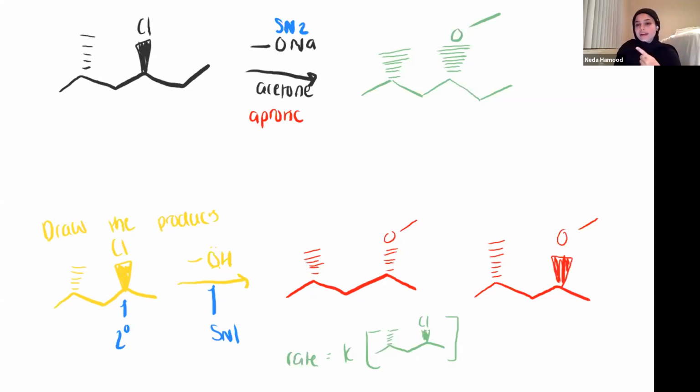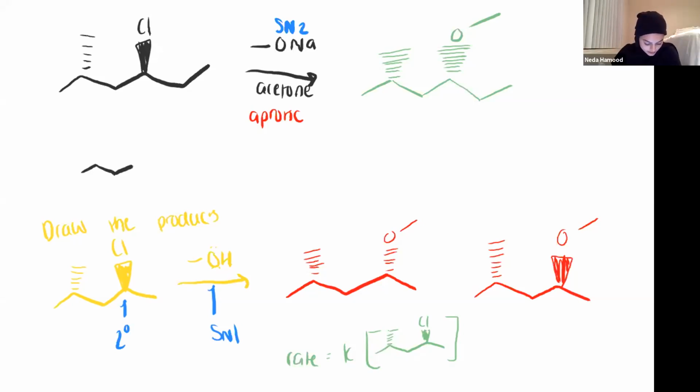So then the one on the right is going to be an R configuration. Is everybody good with that? So for SN2, we would only have one possible product, unlike the SN1 where we had two enantiomers. Exactly.